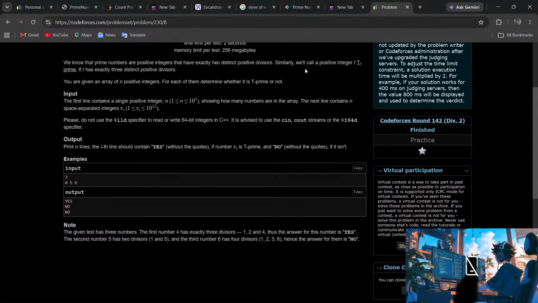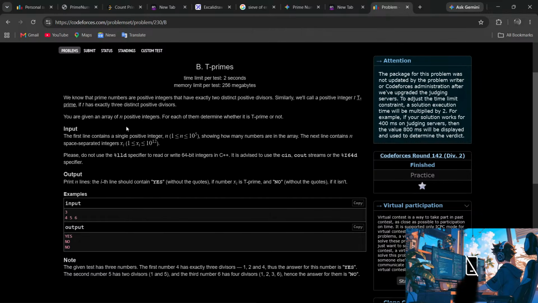Similarly, we call a positive integer t prime if t has exactly three distinct positive divisors.